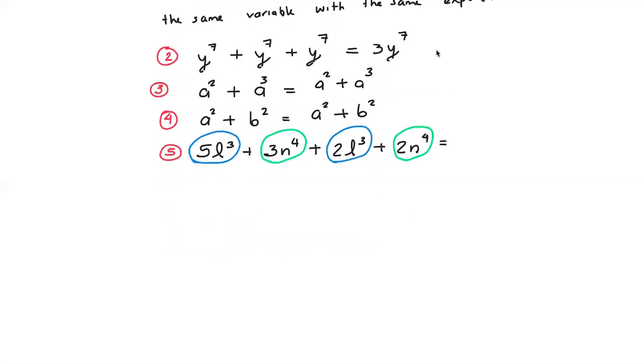The 5 and the 2 are added, and you get 7 L to the third plus the 3 and the 2 are added, and you get 5 N to the fourth. And that is how far you can go, because L's and N's cannot be added. They are not similar. So there is where you stop.